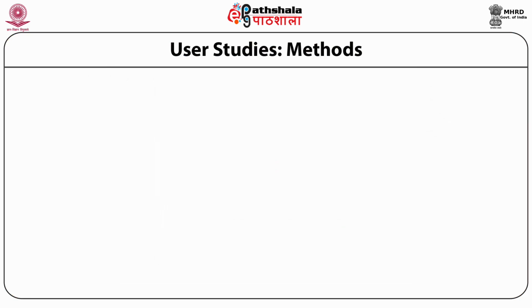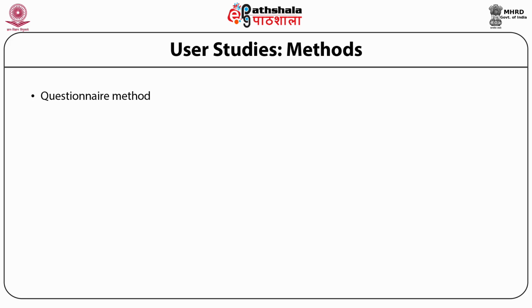To undertake a user study, the librarian can adopt various methods which are available at his disposal, and one of the important methods is the questionnaire method. Questionnaire method is a direct method of collecting data, whereby questionnaires are distributed among the user population.